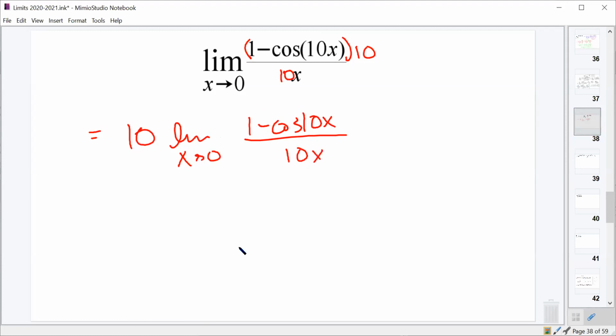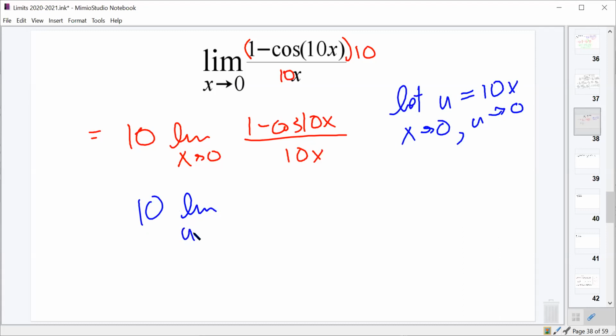Is that 0? We could prove it with substitution. We should probably do that once since we haven't done it with the cosine one. If we let u equal 10x, then what is u approaching? As x approaches 0, u is approaching 0, which gives us 10 times the limit as u approaches 0 of 1 minus cosine u over u.